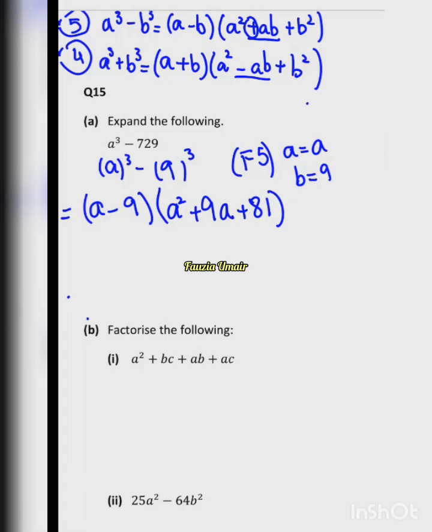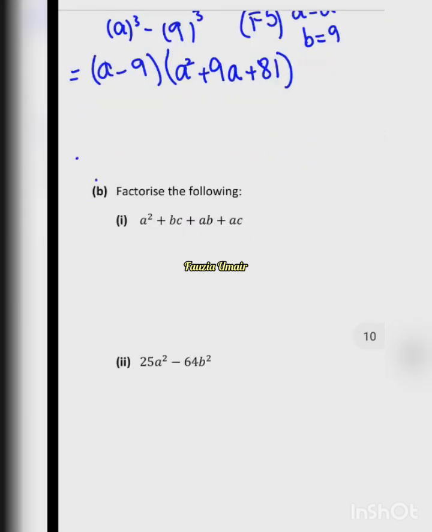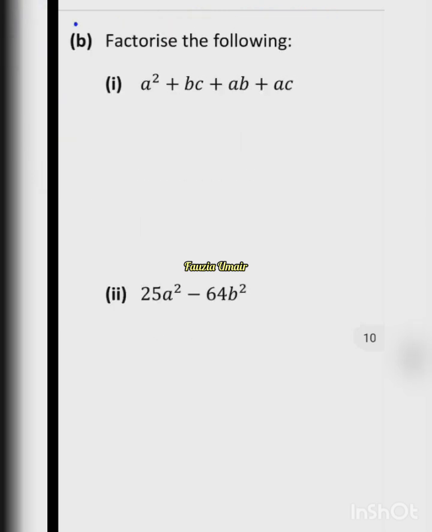So we will practice this formula more when we do revision of this topic. Moving on to part B, factorize the following. There are many methods of factorization we have done. I want you to think about it: which factorization method is this in the first part?